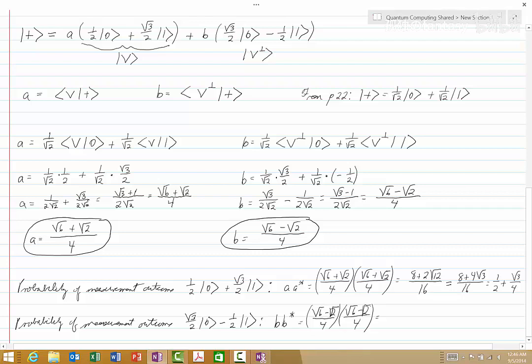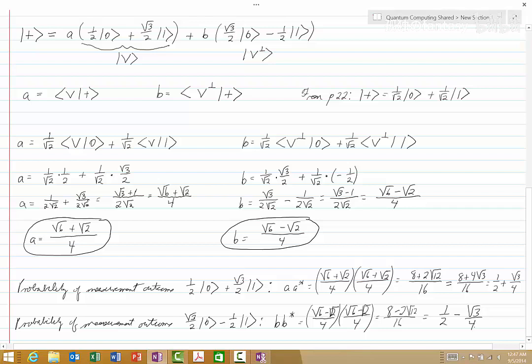And so again, square the first term, you get 6. Square the second term, you get 2, so that'll be 8 minus 2 times the square root of 12 over 16. And so that's going to end up being 1/2 minus square root of 3 over 4.